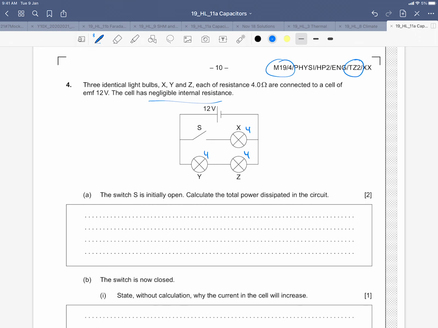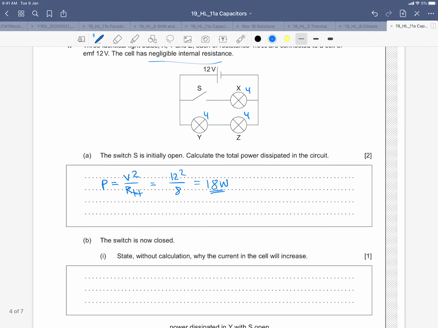Total power. Well, when the switch is open, we're basically just looking at Y and Z. Total resistance is 8. So the power dissipated is just V squared over R total, and 12 squared over 8 gives us 18 watts. Switch is now closed.